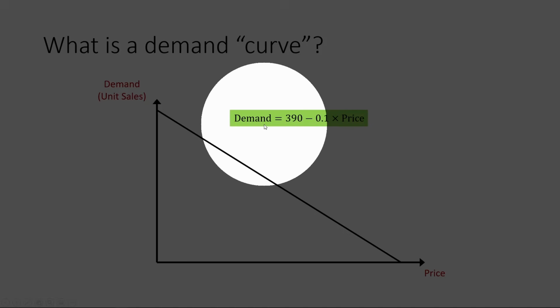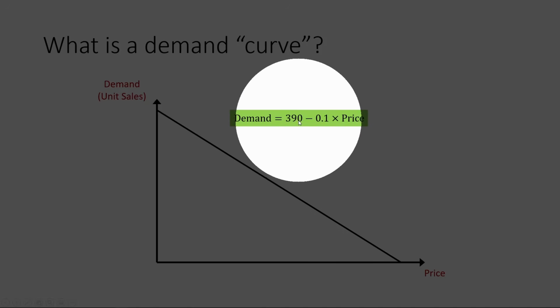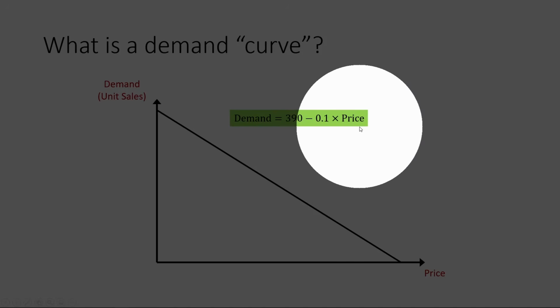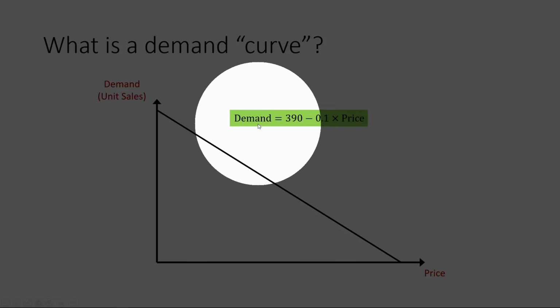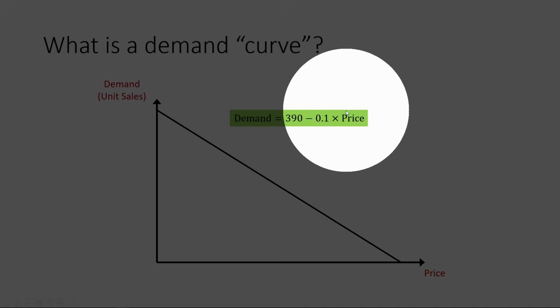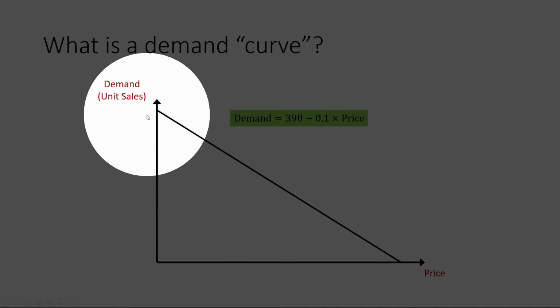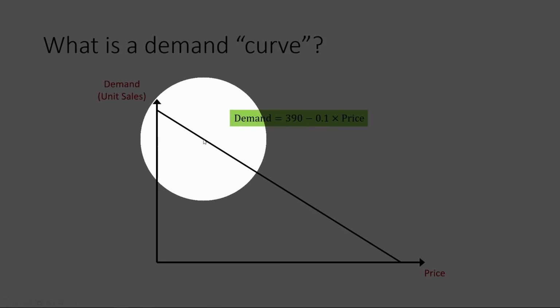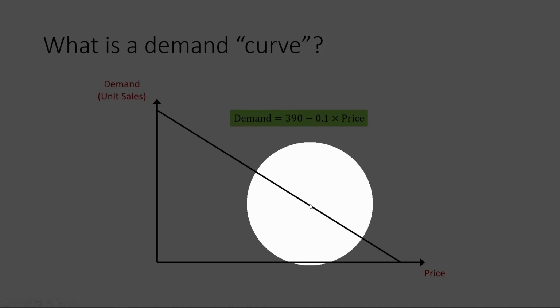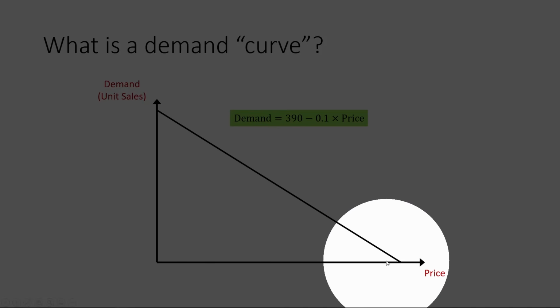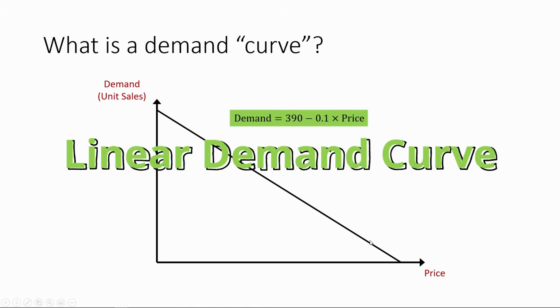That is, demand equals 390 minus 0.1 times price. So if you draw the relationship between price and demand in this system, what you're going to get is a downward sloping straight line.